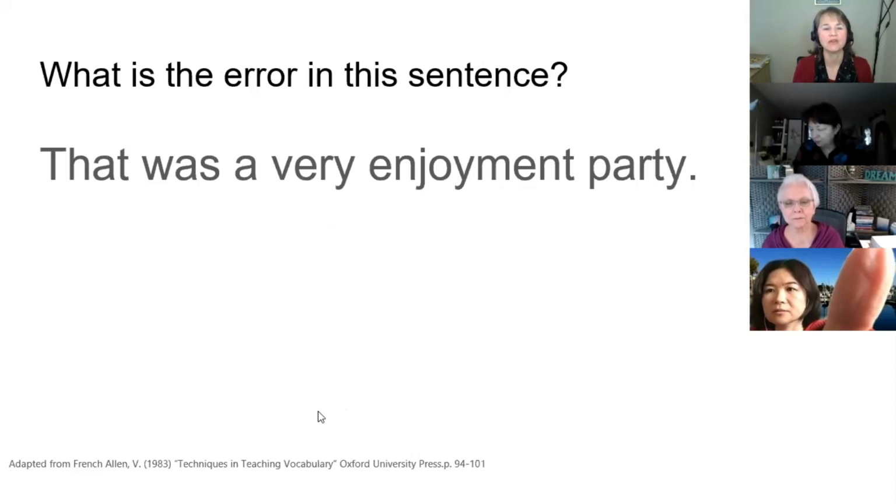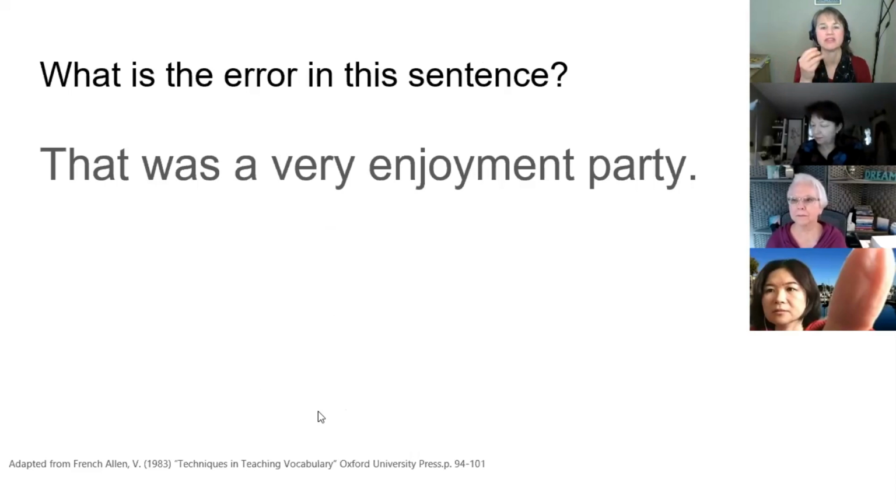So what's the error in this sentence? That was a very enjoyment party. Enjoyment here. We're using the idea of joy, enjoyment, but we're describing the party. And since we're describing the party, what we need is a describing word. We need an adjective, so we need a word that has the correct ending. And M-E-N-T is a noun ending.